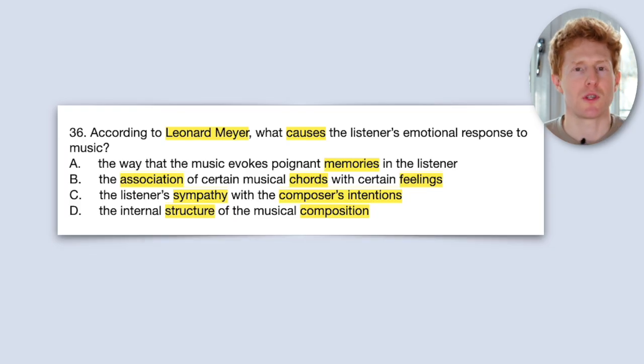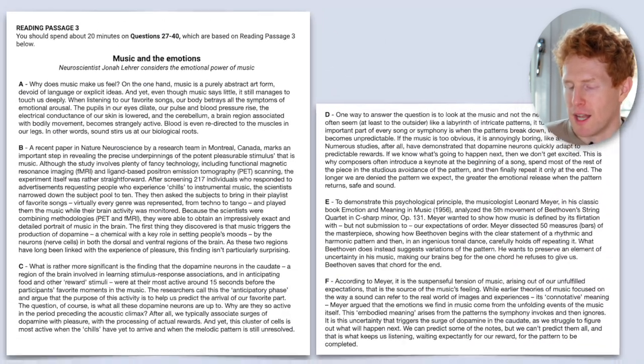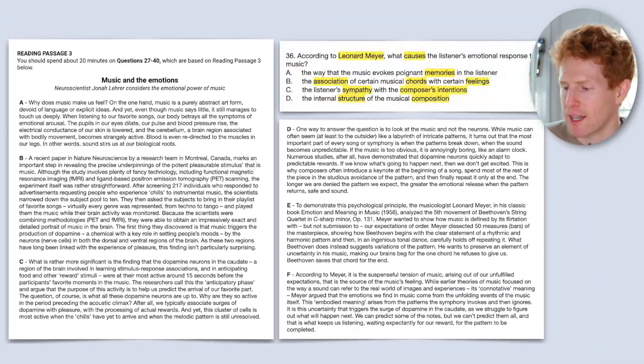A chord in music is, for example, when you hit different notes at the same time to produce a nice sound. That's a chord. The listener's sympathy with the composer's intentions. The internal structure of the musical composition. Okay, 4 tricky options. Let's go back to the text and let's identify where the answer is.